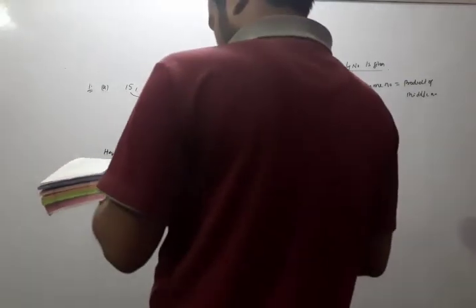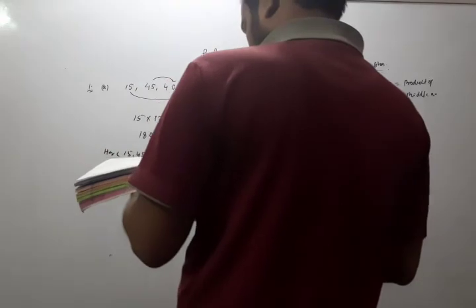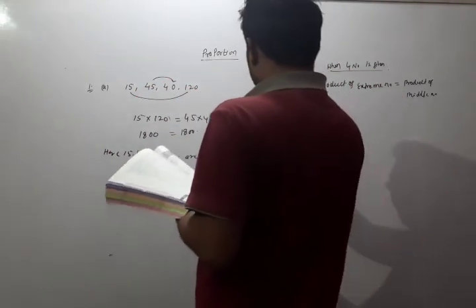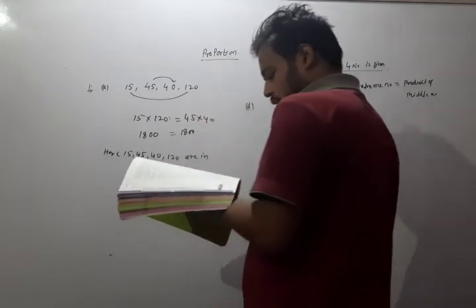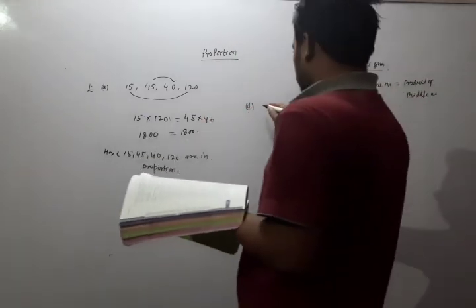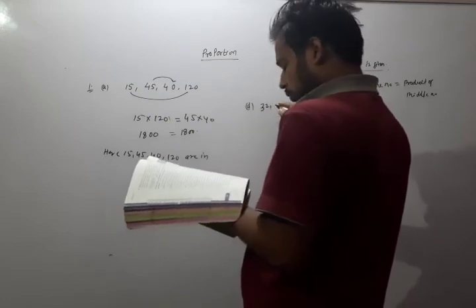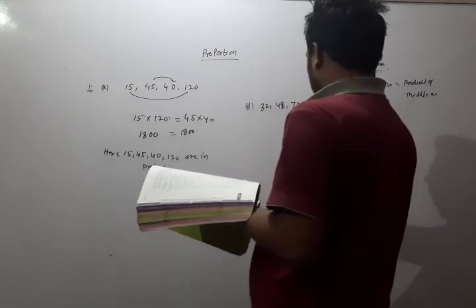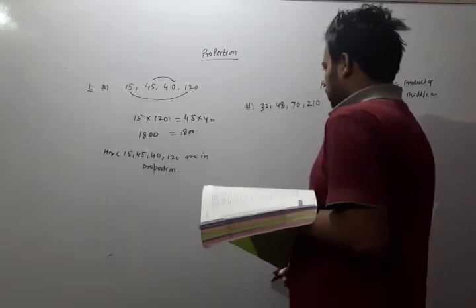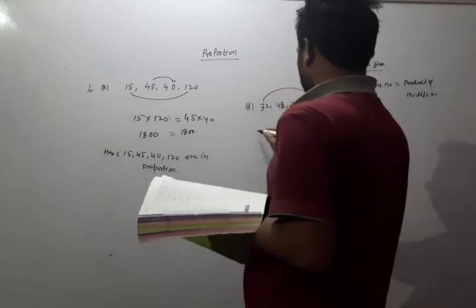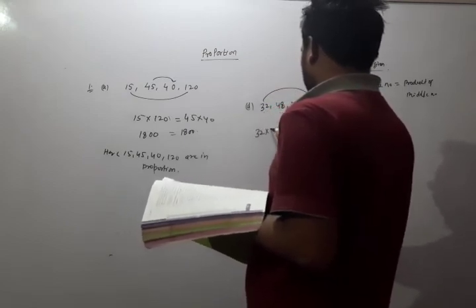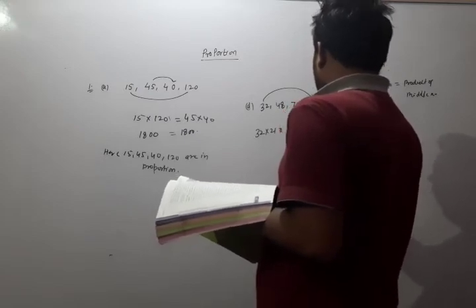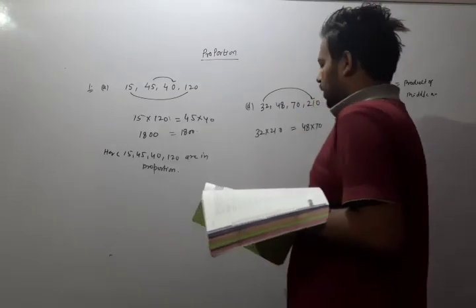Let us see part D. 32 is given, 48 is given, 70 is given, and 210 is given. Now multiply the extremes: 32 multiplied by 210 must equal 48 multiplied by 70 if they are in proportion.